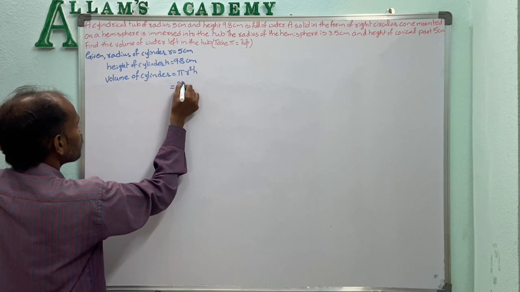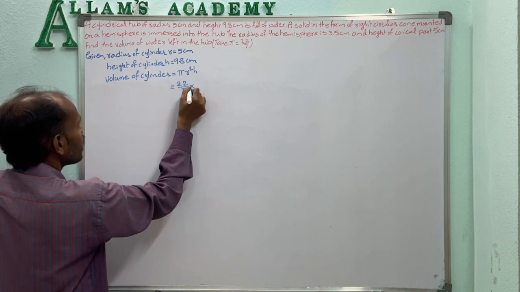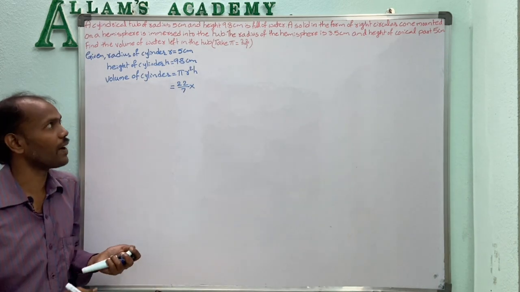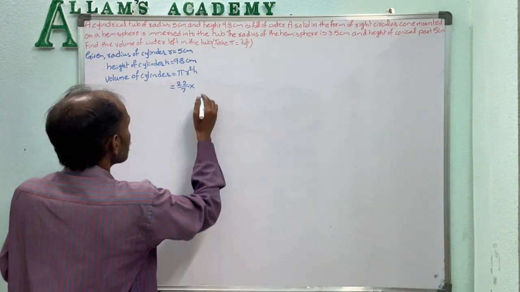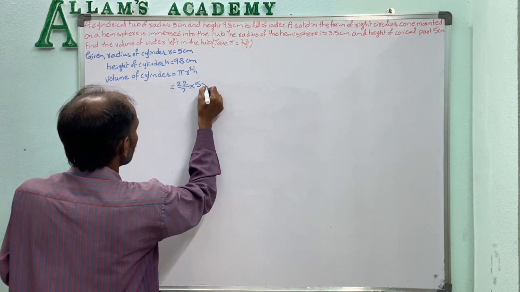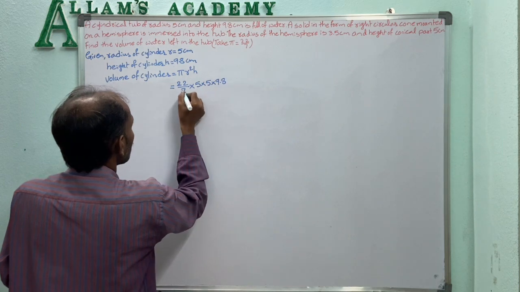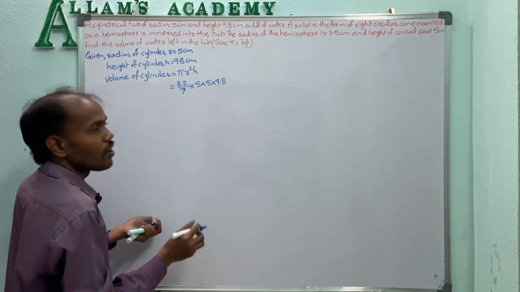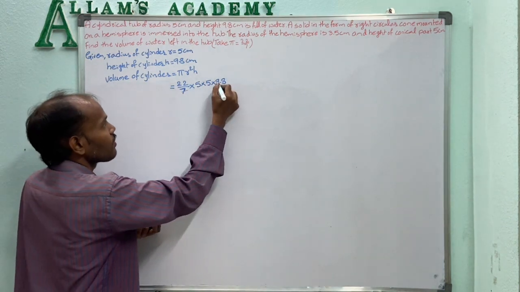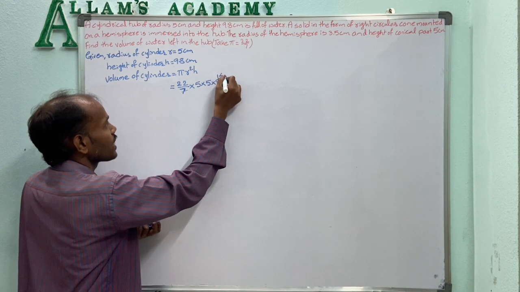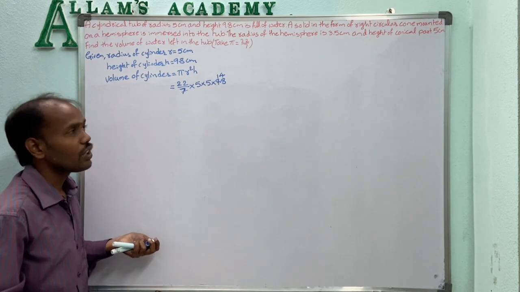So that equals 22/7, pi value we are taking because it is given here, and r value is 5 into 5 into 9.8. So 7 ones are 7, 7 14s are 98, that means 1.4.